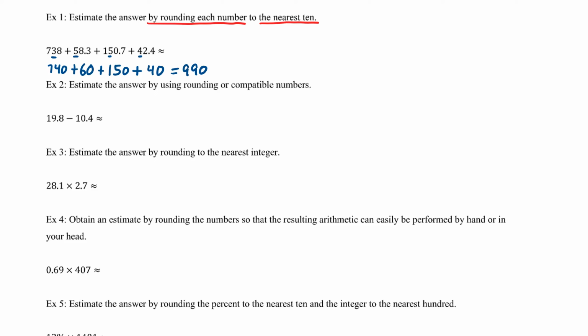The second example says estimate the answer by using rounding or compatible numbers. We are going to focus specifically for this example on the compatible numbers approach. We said compatible numbers means we're just choosing convenient numbers, other numbers that are easier to work with. So if we look at this, we have 19.8 and we have 10.4.